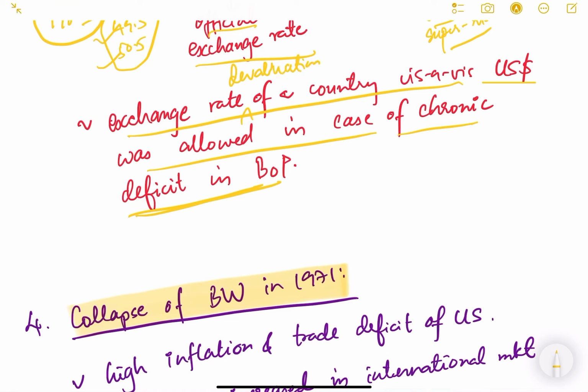So for example, if $1 is equal to 50 rupees, and India is facing a lot of trouble with its balance of payment, it was allowed that now $1 will be equal to 60 rupees. So this is the devaluation of the rupee, because now we have to pay more rupees for $1. So it was allowed when the balance of payment was in chronic deficit. We are not able to balance our balance of payment, so in that case it was allowed.